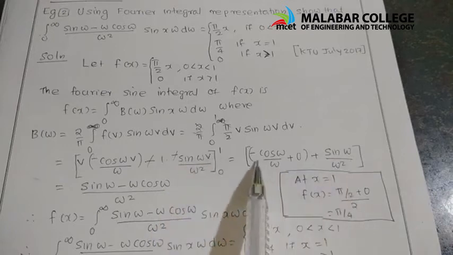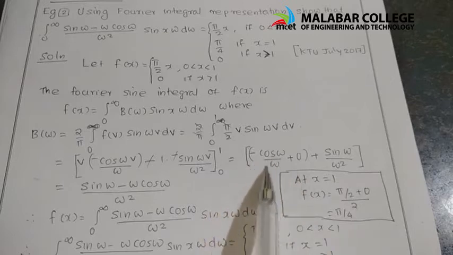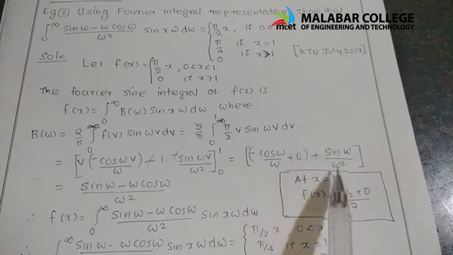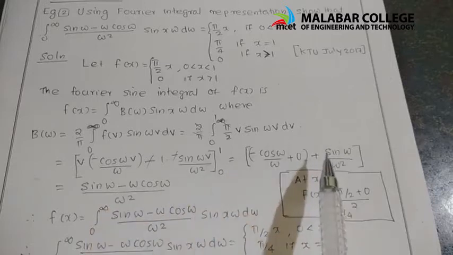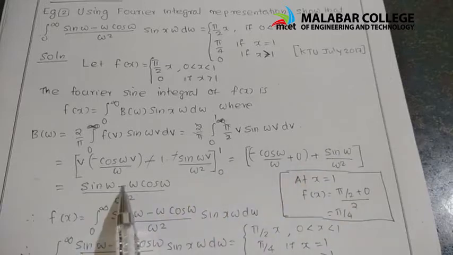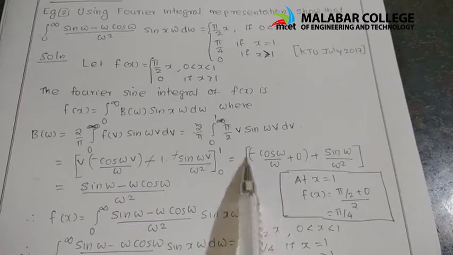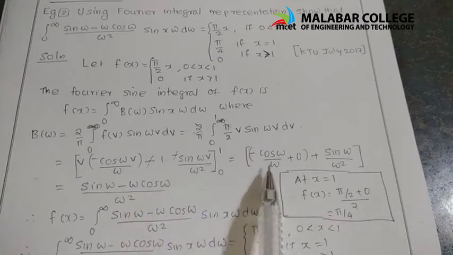So we have two terms here. One is minus cos omega by omega, the second is plus sin omega by omega square. While writing the next step, I write the positive term first, sin omega, minus, and if you multiply by omega up and down, I will get omega cos omega by omega square, so that the denominator is omega square.